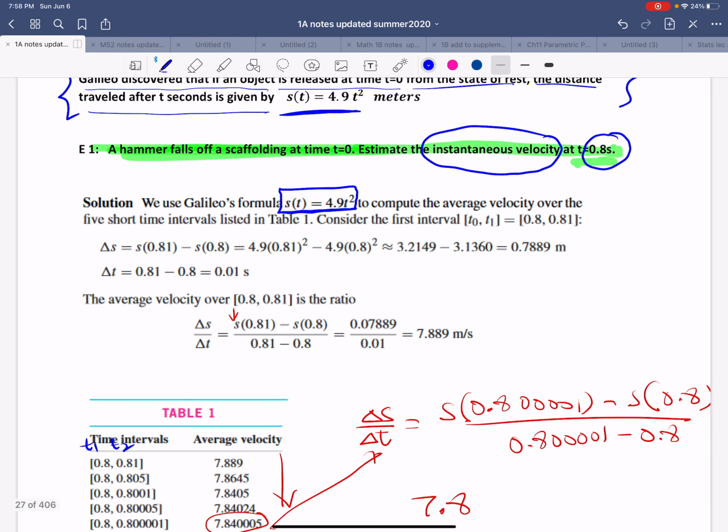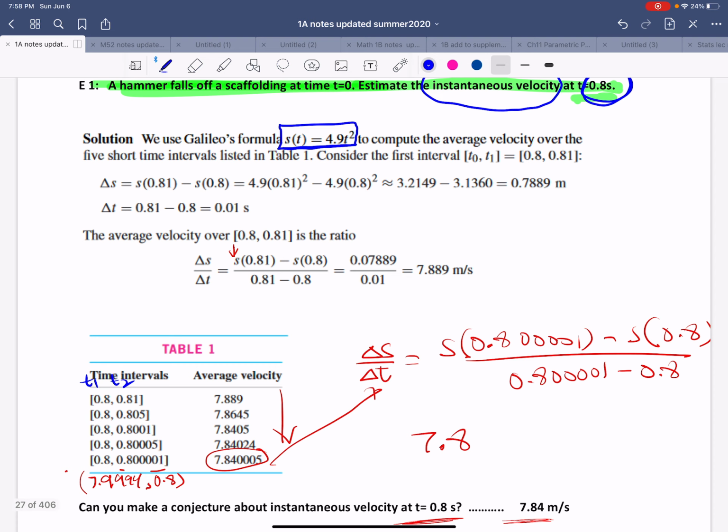We want to estimate at 0.8 seconds, so I'm picking the intervals closer and closer to 0.8. To find the average velocity, it's going to be the slope, which is difference in y coordinates divided by difference in x coordinates. So s of 0.81 minus s of 0.8 divided by 0.81 minus 0.8.